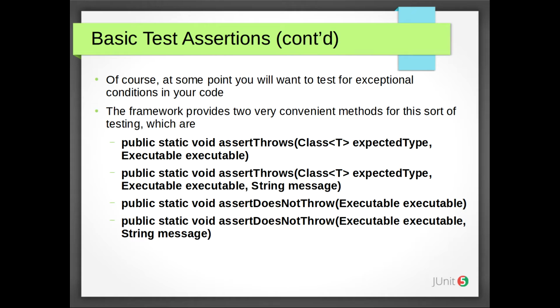The framework provides two very convenient methods for this sort of testing, which are public static void assertThrows(Class<T> expectedType, Executable executable), and public static void assertThrows(Class<T> expectedType, Executable executable, String message).